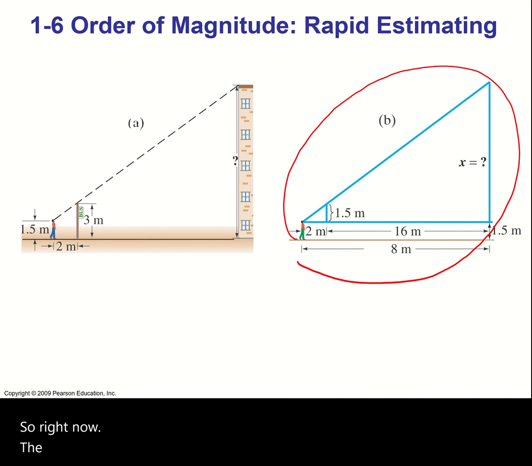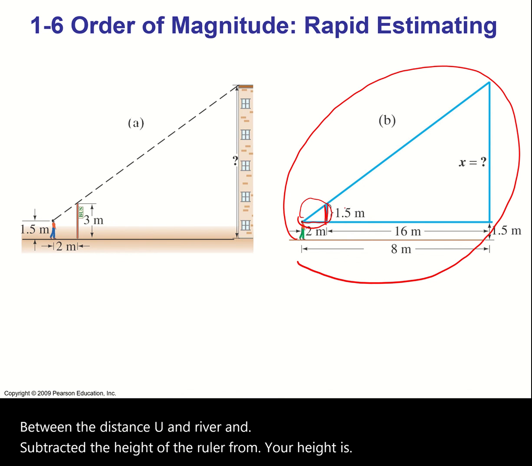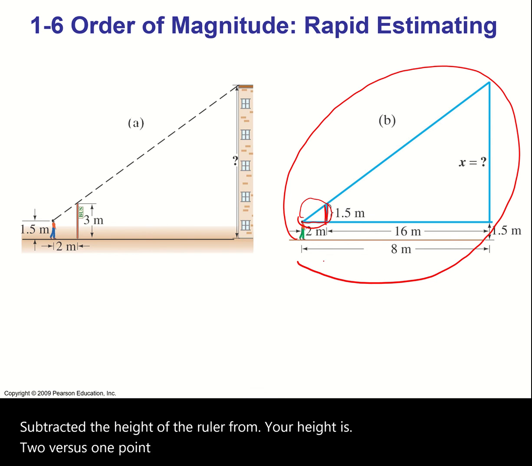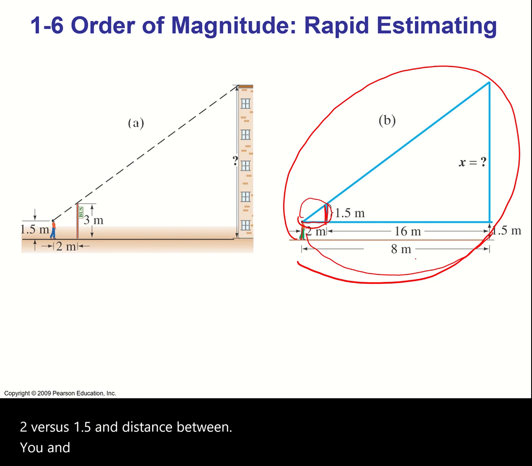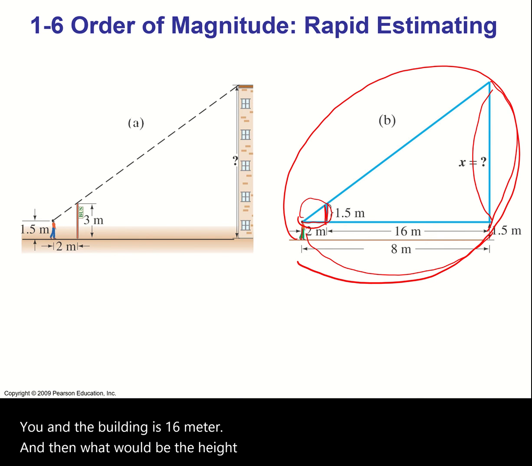So right now, the ratio between the distance from you to the ruler and the height of the ruler minus your height is 2 versus 1.5, and the distance between you and the building is 16 meters. Then what would be the height of this building? As I said, you can apply the geometric ratio to those two triangles.